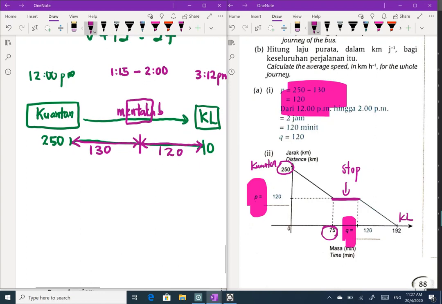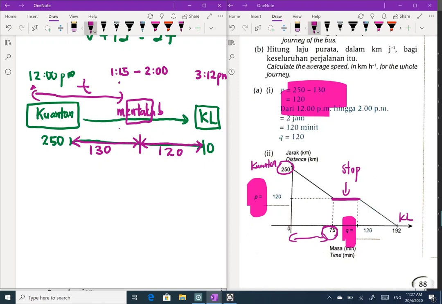So I start 12 p.m. 我12点开始，我开始停在Mentagap是1点15。So I want to know the time. 我需要知道这段时间是多少。Time is what?